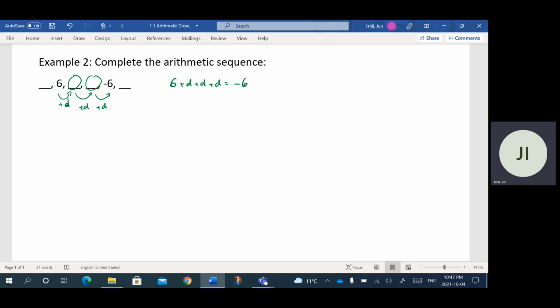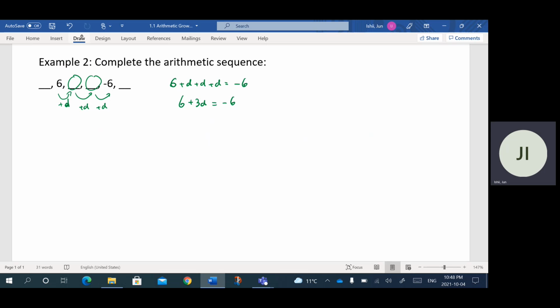Visually, hopefully you see that. Now, to solve this, I can collect my like terms: 6 plus 3d, or 3 common differences, has to equal -6. If I solve this equation, I'm going to figure out what the common difference is.